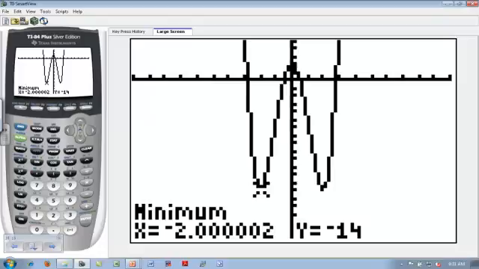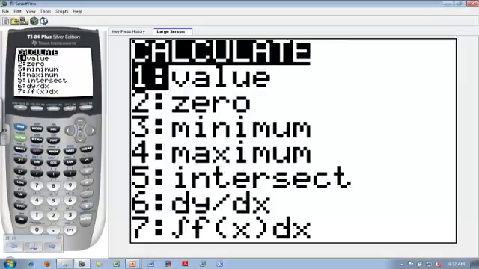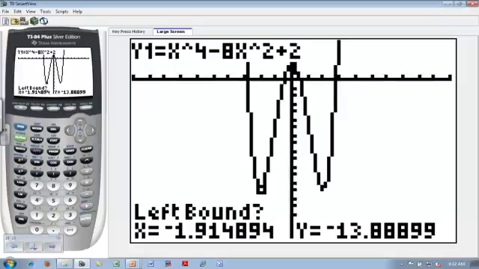Okay, and it looks like it's kind of close to negative 2. Maybe because there's a round off error with the calculator, maybe the answer really is negative 2. Maybe we reach a horizontal tangent when x is negative 2. We can use minimum over here as well. We can go up to here and find a maximum.